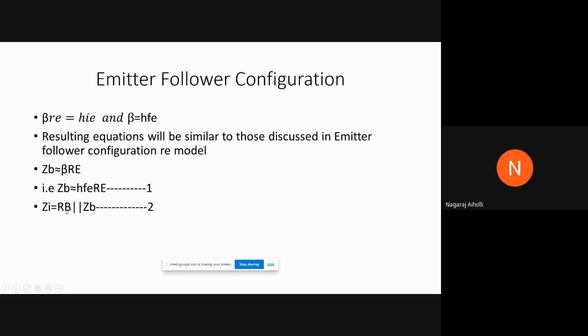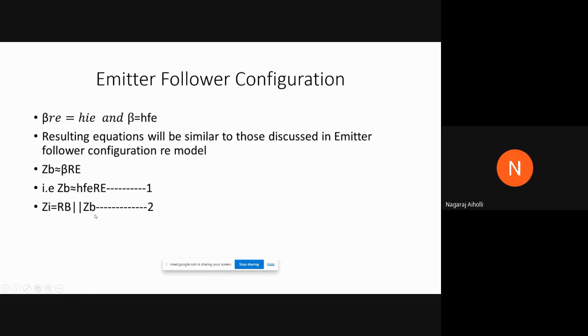Then we have input impedance Zi, which is RB parallel ZB. These relations we have already obtained for the emitter follower configuration RE model. The same relations we are taking here, just substituting the hybrid parameters. So beta is nothing but HFE, and ZB is equal to HFE RE. Then input impedance Zi is RB parallel ZB.